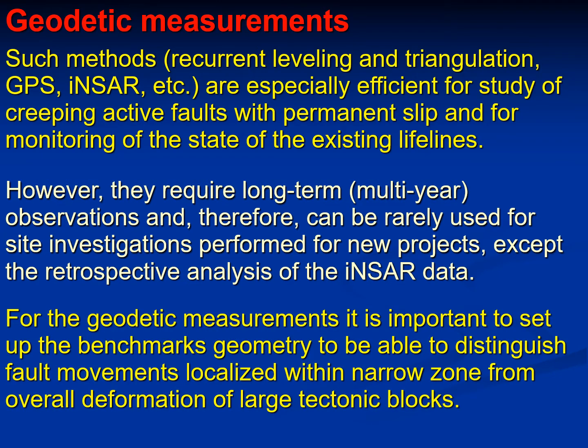What is important is that for geodetic measurements we must set up the benchmark geometry in such a way as to be able to distinguish fault movements localized within a narrow zone from overall deformations of large tectonic blocks. I will show it by example. The white line is the lifeline, the red line is the active fault that crosses it.